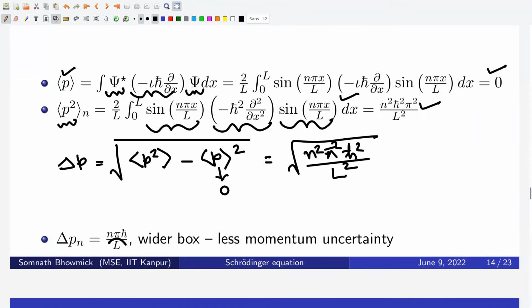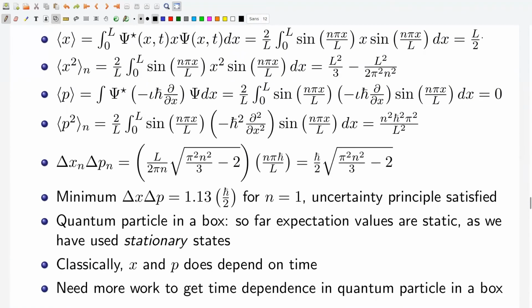Delta P varies inversely with L. That means wider the box, less will be the momentum uncertainty. The expectation value of X, the expectation value of X square, the expectation value of P, the expectation value of P square. We also have calculated the position uncertainty as well as the momentum uncertainty.